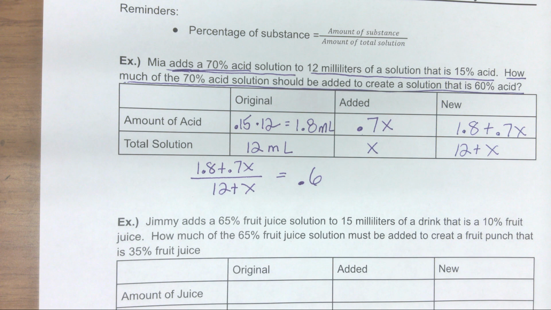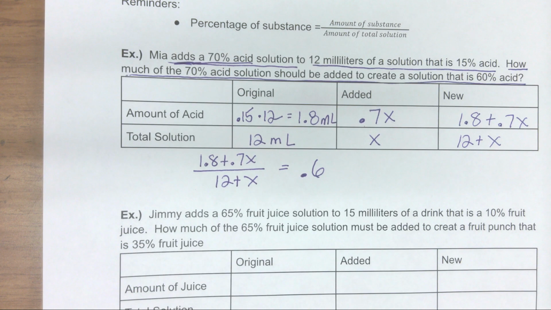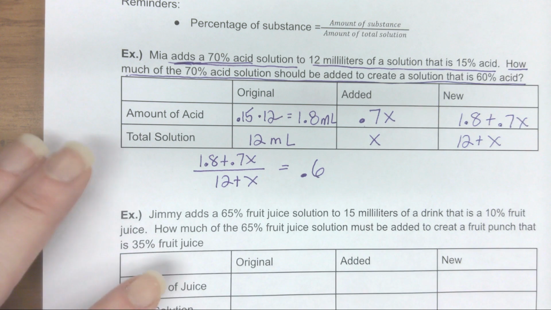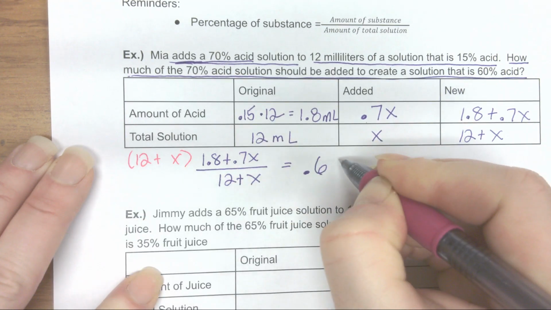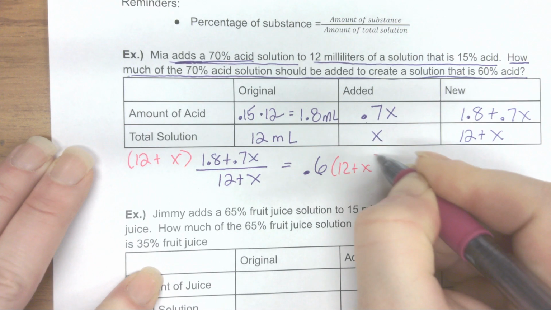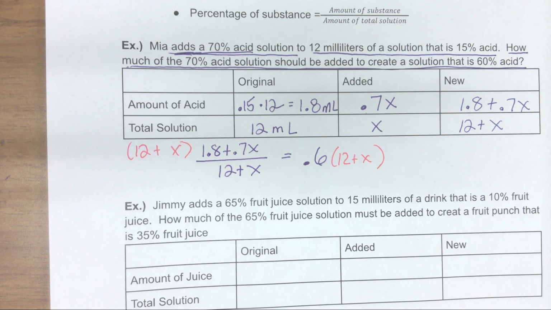I multiply by what? 12 plus x. So I multiply both sides by 12 plus x. What happens here?